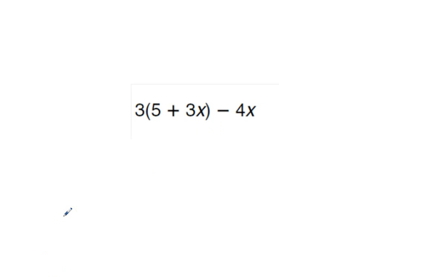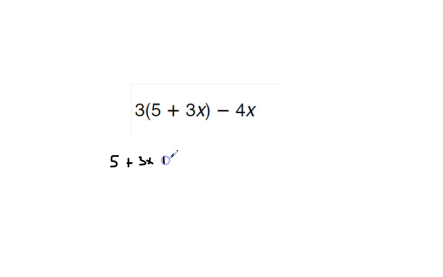Okay, the directions for this problem are to simplify this expression. So remember, we can hide the 3, and we have 5 plus 3x. So what does that look like? That looks like a 5 plus 3x, and I have to do that 3 times.